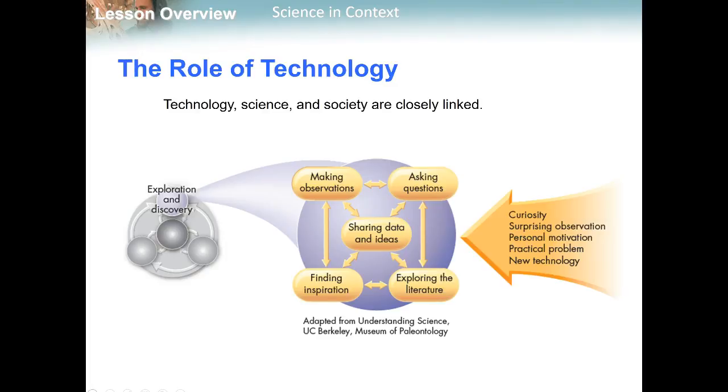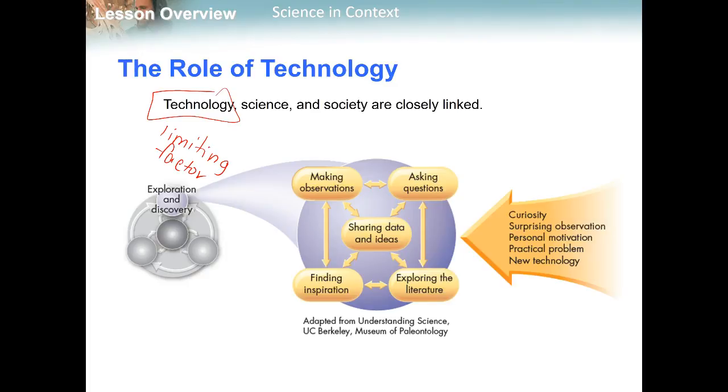Again, we have to consider technology. Science and society are very closely linked, and we're going to call technology a limiting factor. A limiting factor is something that prevents productivity.